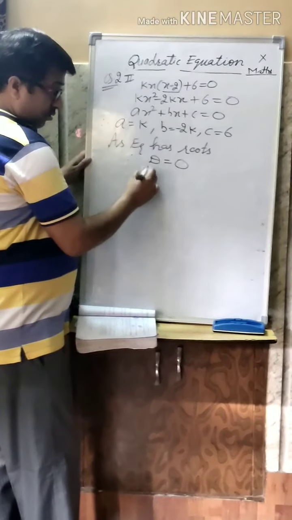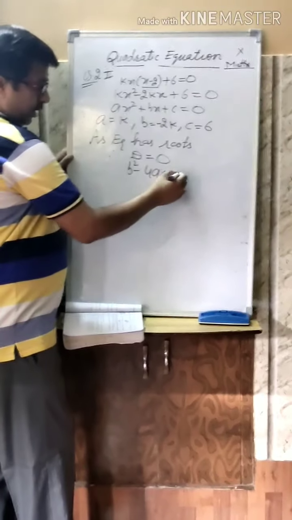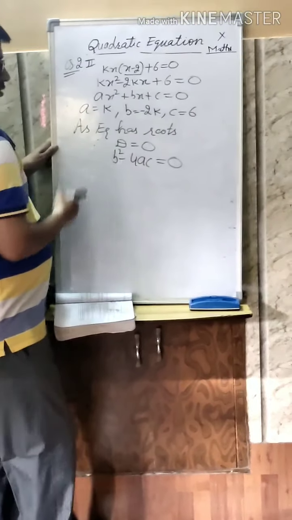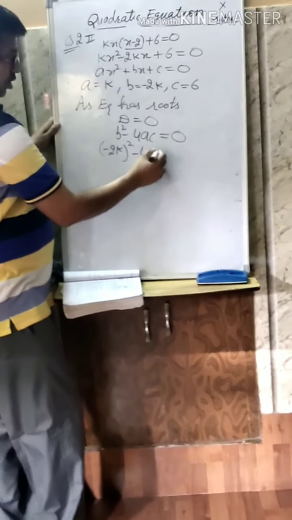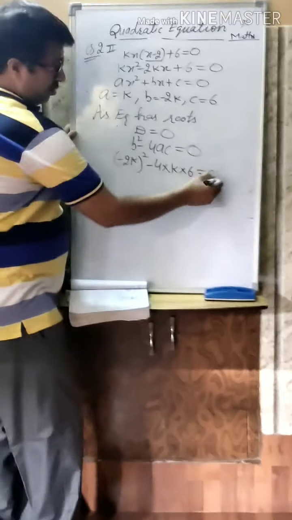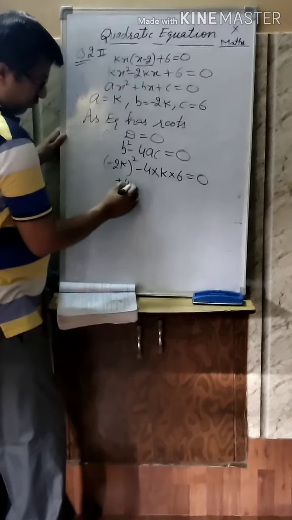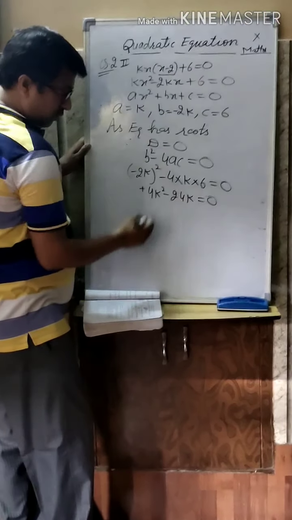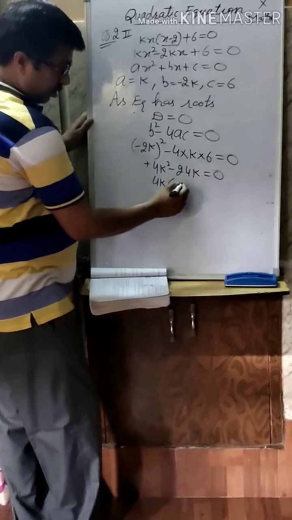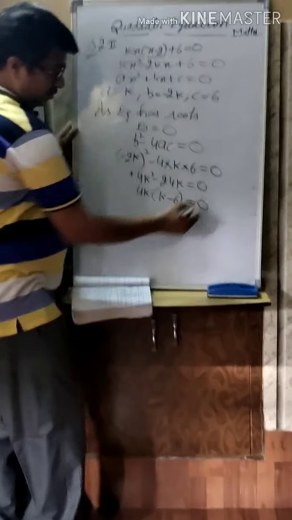D equal to 0 means b square minus 4ac equal to 0. So b square, minus 2k whole square, minus 4 into a into c. So it is 4k square minus 24k equal to 0. Now 4k common, k minus 6 equal to 0.